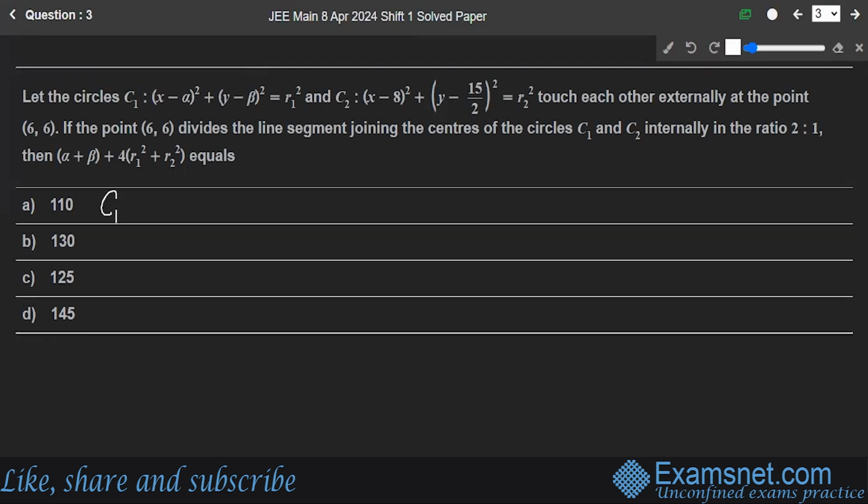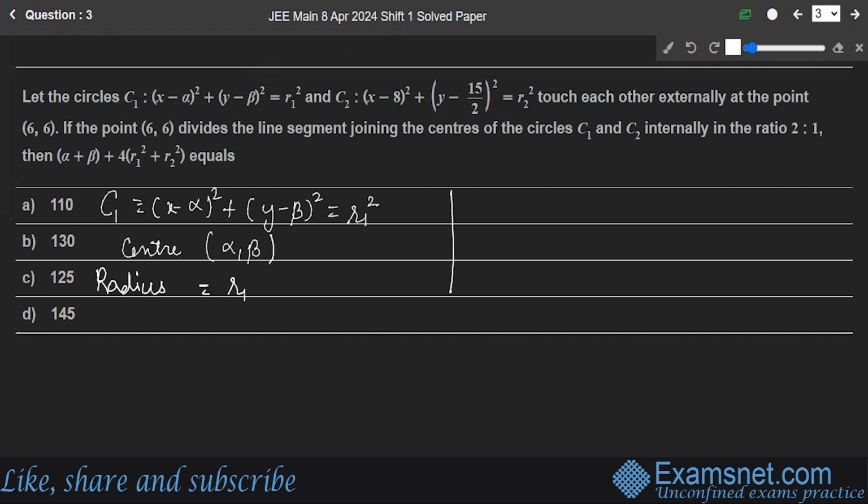So first of all, you have the C1 circle. This is equivalent to (x − alpha)² + (y − beta)² = R1². From here, you have the center as (alpha, beta) and the radius R1. It's given.